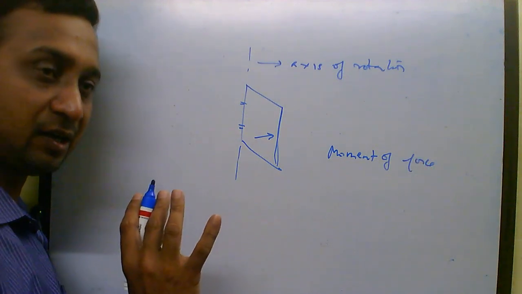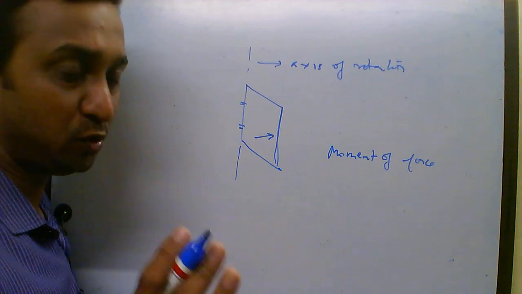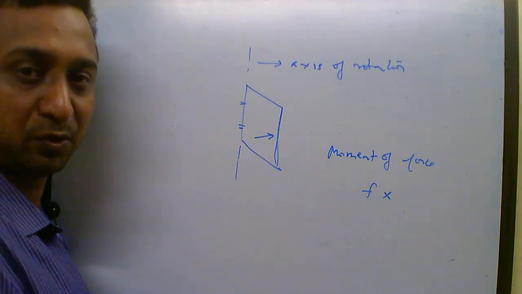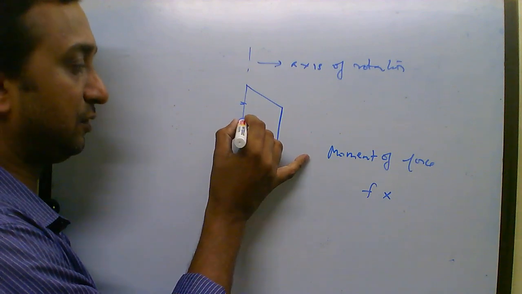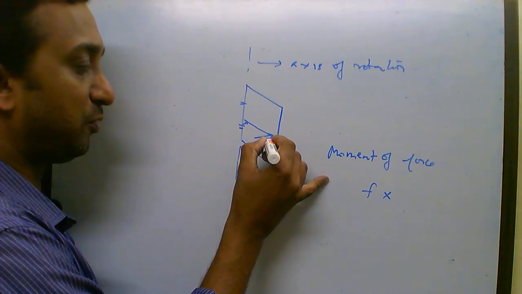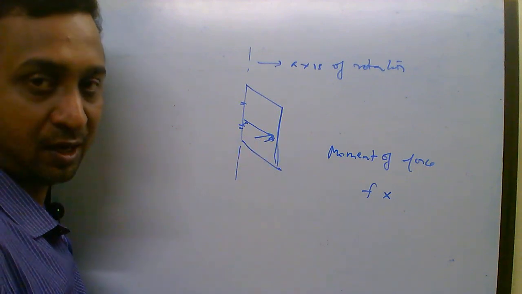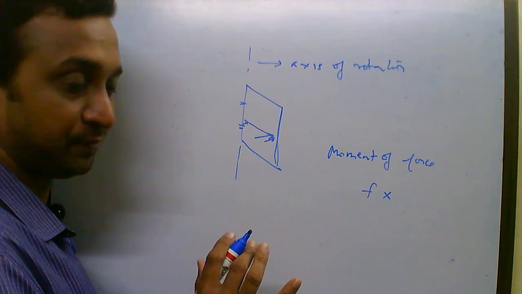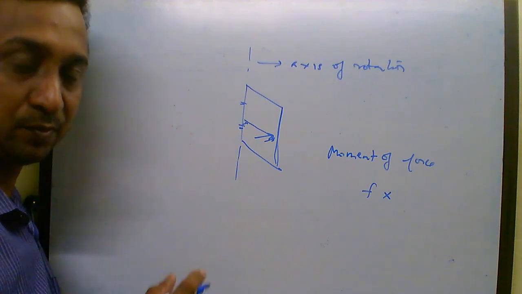Now that turning effect depends upon two factors: the force which you apply and also where you apply it. You can apply the force at any point, from near the axis to the farthest point from the axis. And when you apply the force farthest from the axis of rotation, its effect is more.